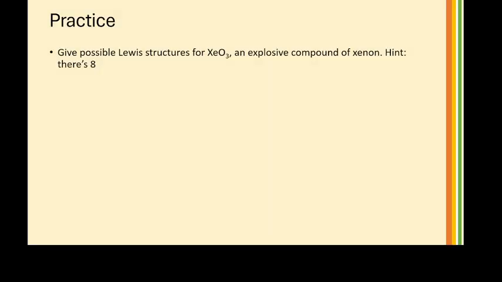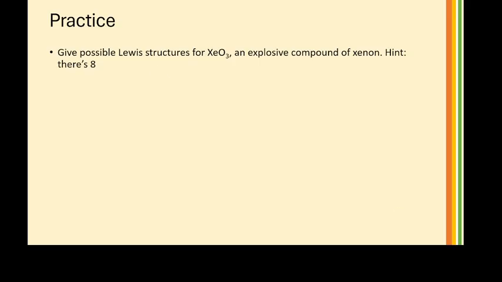All right, let's practice another one looking at XeO3, and it says there are 8 possible Lewis structures. We're going to go back kind of like we did for ozone, O3, where we start and see that the initial one doesn't have complete octets, and once we do get octets, we're going to see that we could continue to make extended octets to improve it in terms of formal charges.